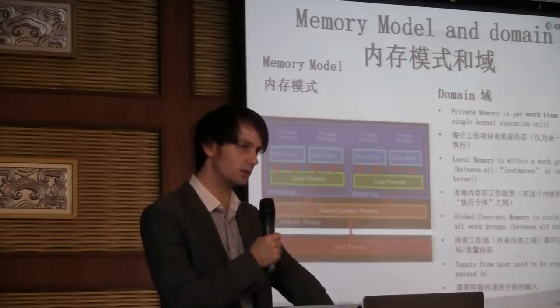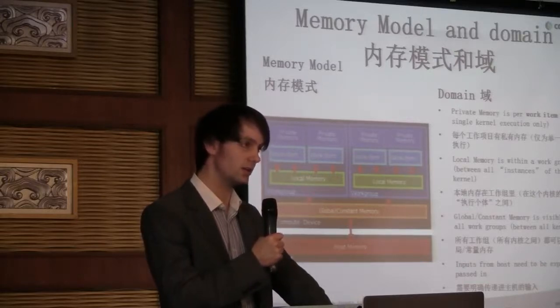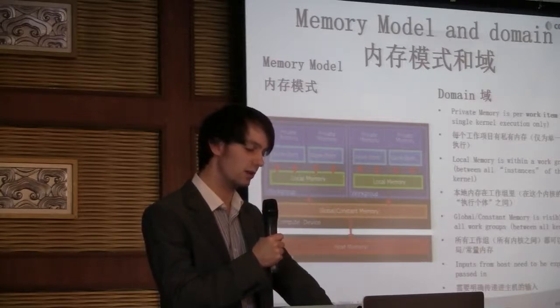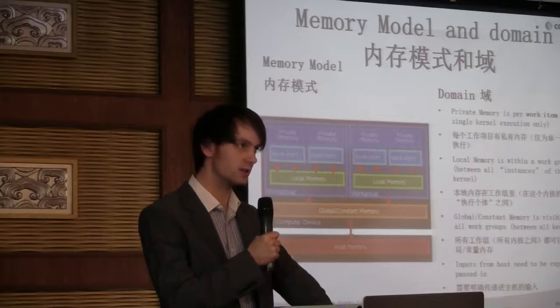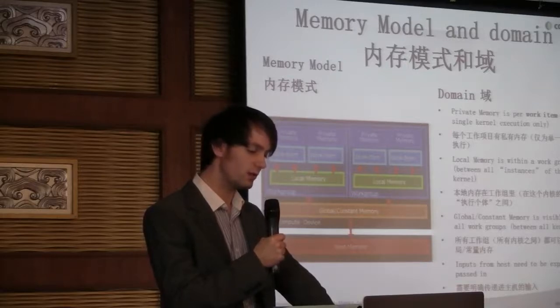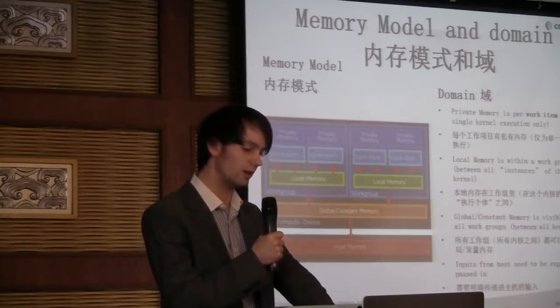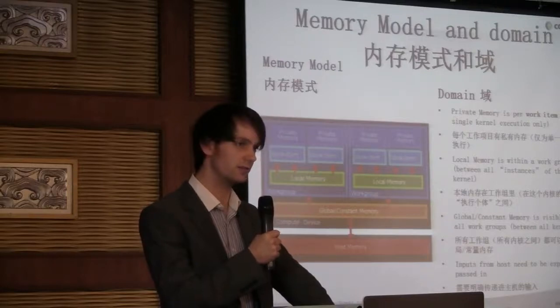Local memory is very similar to private memory, but objects stored in local memory can be shared between instances or work items, as they're called in OpenCL, of the same kernel. This lets you parallelize your data across many kernels. So local memory is in most cases the preferred area of memory to store your objects.